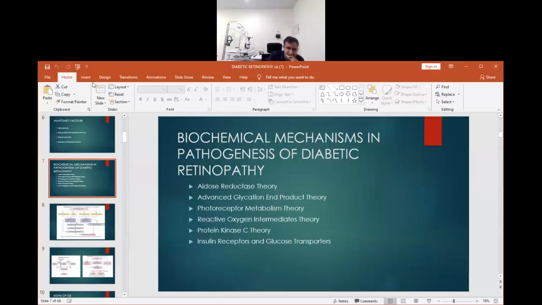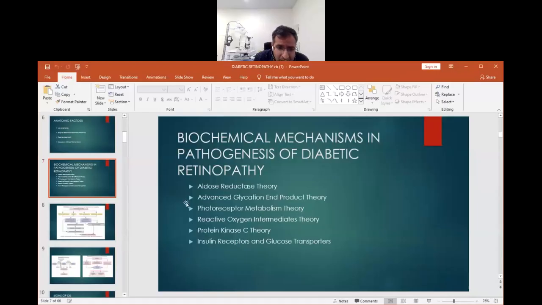Aldose reductase, sorbitol. The most important pathway is the fourth one, the reactive oxygen intermediate theory, because the superoxide molecules which are made are responsible for all the damage. So whenever a patient has diabetes, don't forget to start them on multivitamins also.